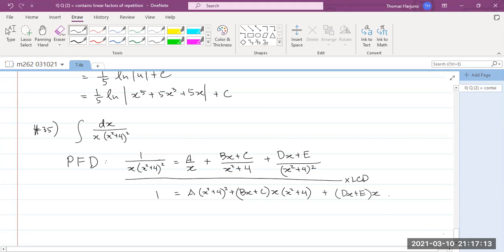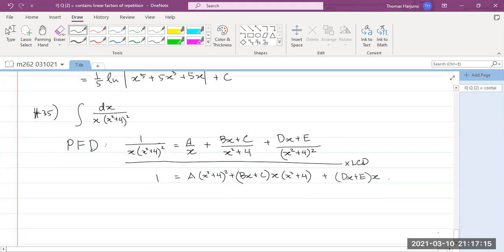I only have one special number though, when x equals 0. When x equals 0, I get 16a plus 0 plus 0. So a equals 1 over 16.